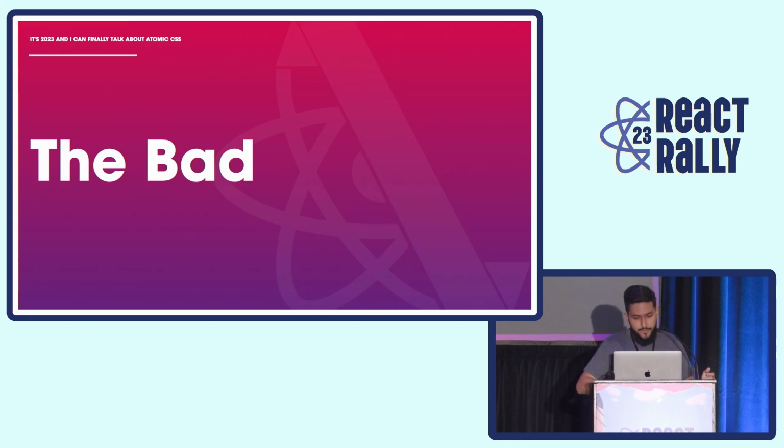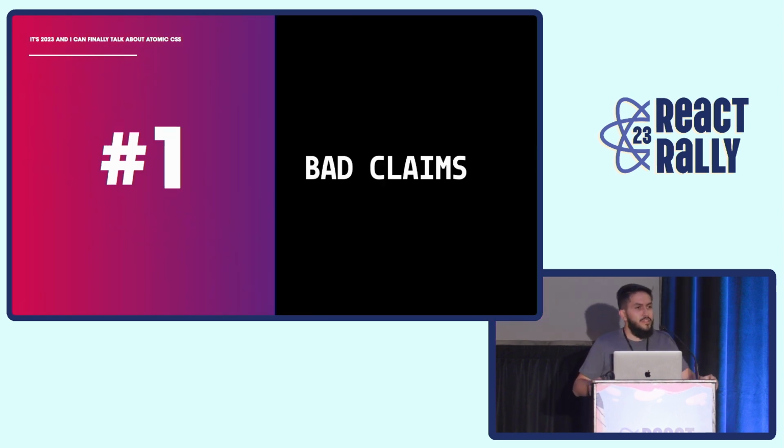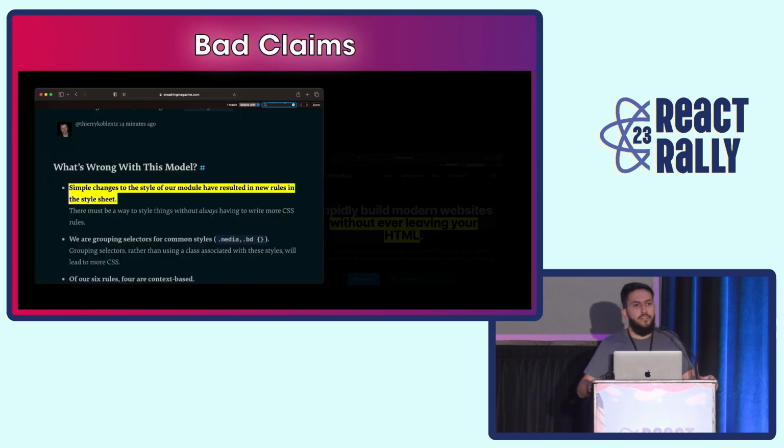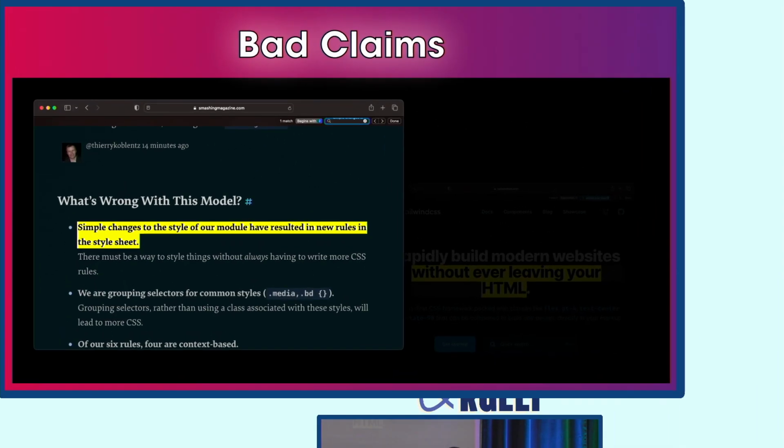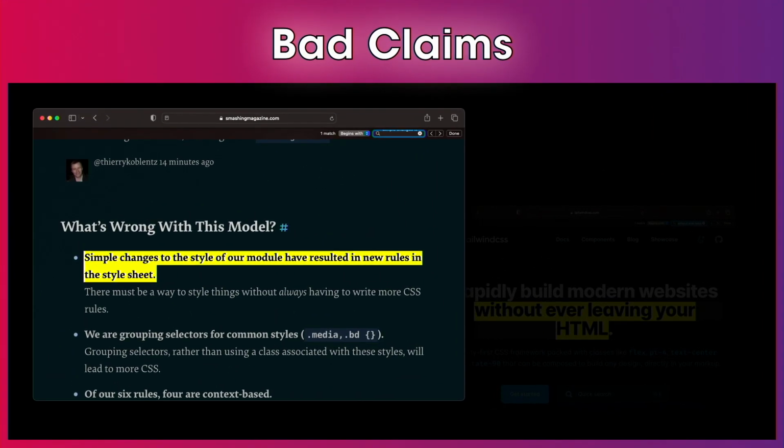But okay, now that we got these out of our way, I wanted to cover a few things that I kind of don't feel very well about. And the first one is the bad claims we have around this topic. And these have been here all the way, ever since, for example, this was the first post about Atomic CSS back in 2013.